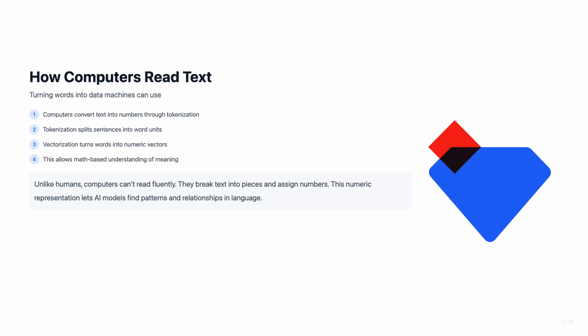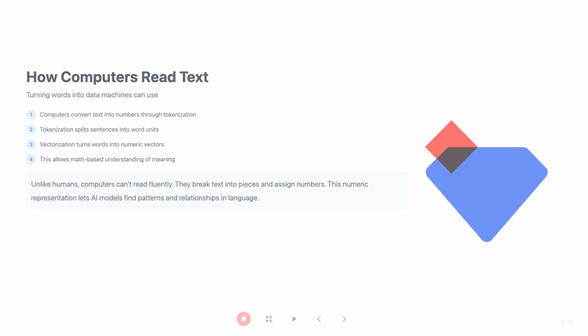Then vectorization turns each word into a number, or more precisely, a vector in space. This allows the computer to do math on language. For instance, in these models, the vector for king minus man plus woman gets very close to queen. That's how meaning becomes measurable. This step is essential for any AI to learn from text.